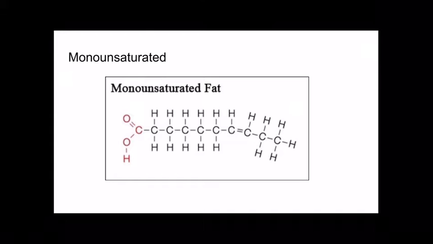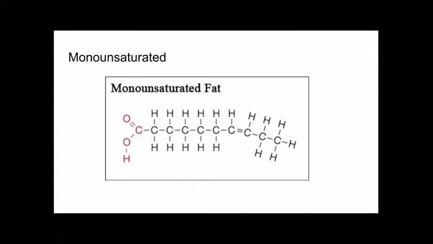So again, on the left we see the carboxyl group. It's represented differently than on the previous slide, and here we can see the actual bonds between each of the atoms of the carboxyl group. To the left of the carboxyl group we see a chain of carbons with a whole bunch of hydrogens attached. The difference between this one and the previous one is that we don't have single covalent bonds all the way along.